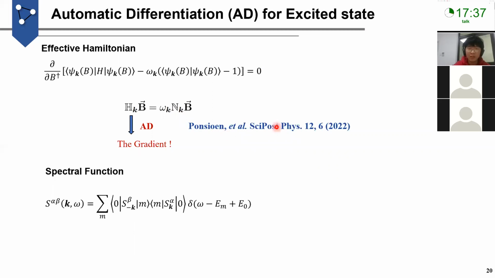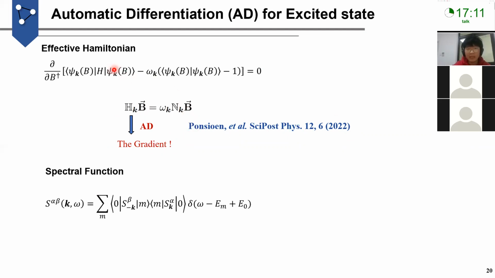Recently, Paulson pointed out a method based on automatic differentiation, in which the effective Hamiltonian is expressed as a gradient. This helps us easily calculate the effective Hamiltonian and the effective normalization matrix, and these can be transformed into a generalized eigenvalue problem.